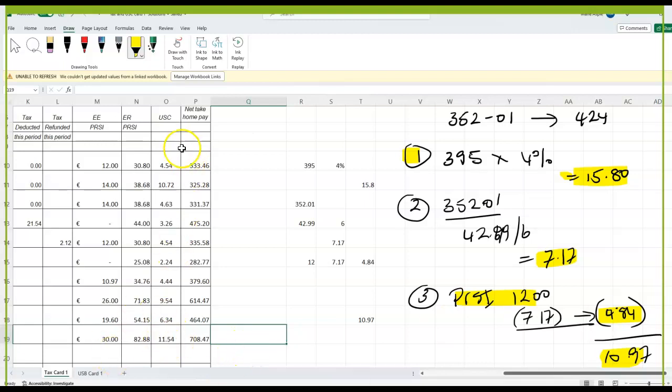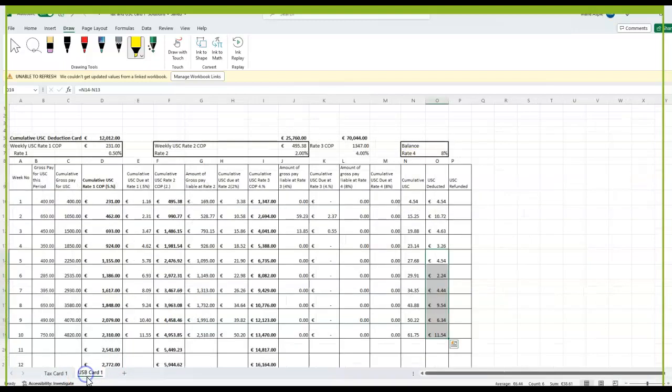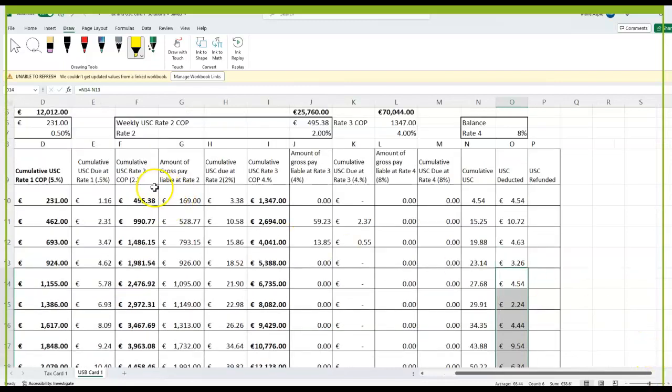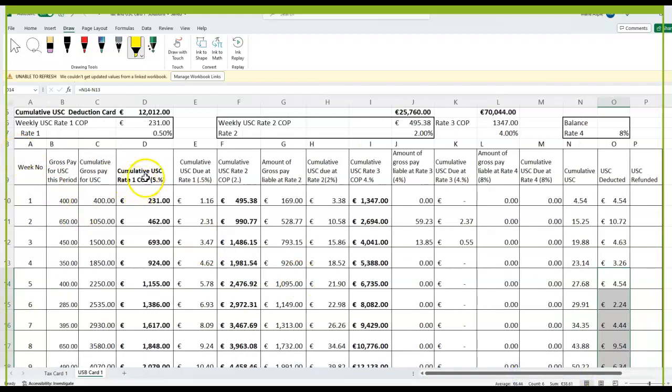Okay, and the last thing that we looked at is USC, which is a tax card on its own, very similar to this. Every time you look at the income that you have, and you follow the cumulative cutoff point. Up to this point we apply 0.5%. Up to the next cutoff point we apply 2%.